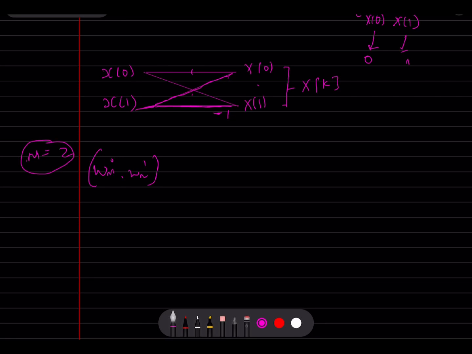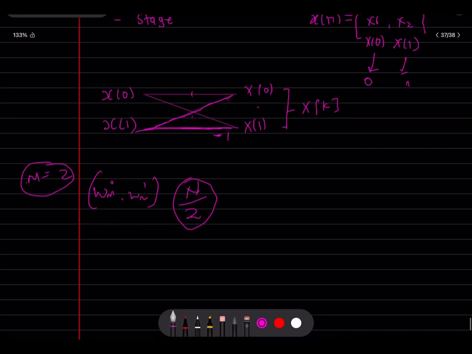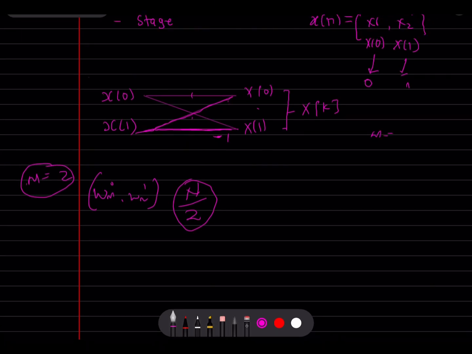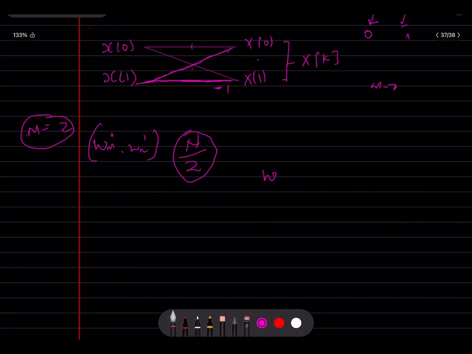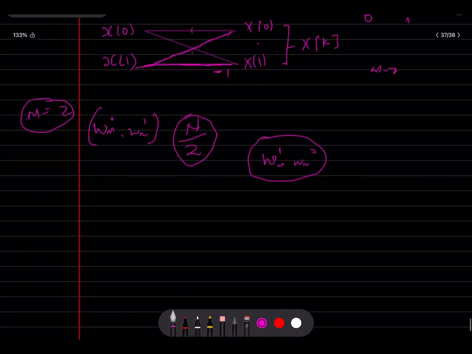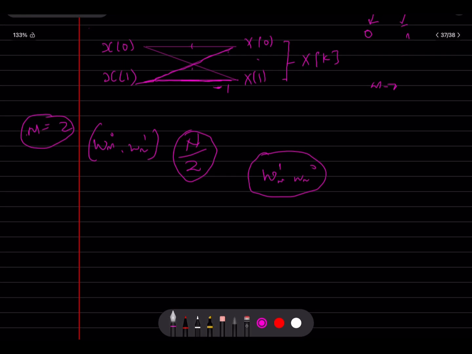But because this algorithm reduces the number of complex multiplications and complex additions, we are going to use the twiddle factor with N divided by 2, not the entire twiddle factor. This is where the efficiency comes in. As I explained in my previous tutorial, the twiddle factor here is omega N over 2 to the k.